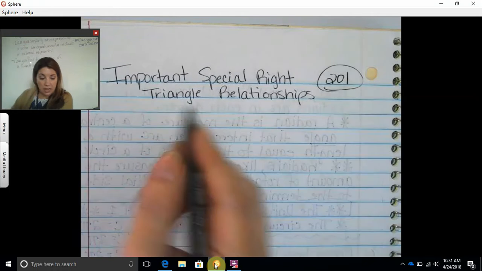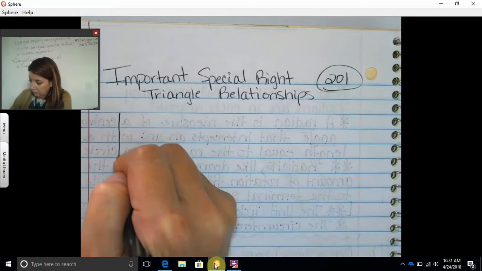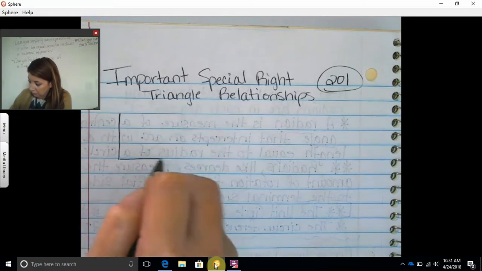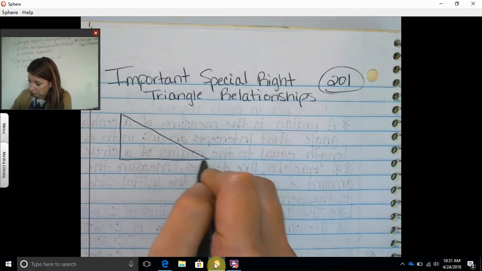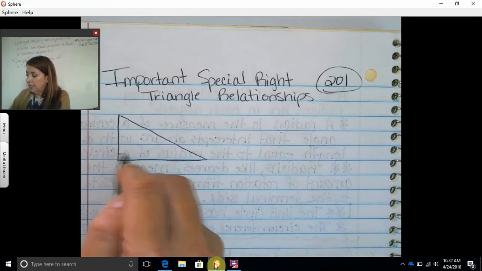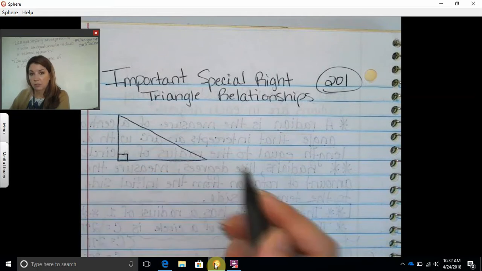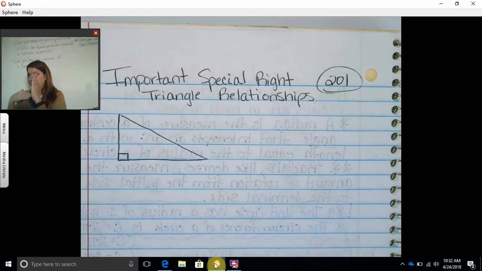All right, let's start with the 30, 60, 90 degree triangle, okay? So try to get yours to look as much like mine as you can. So y'all know a 90-degree angle has to meet, it's perpendicular, right?